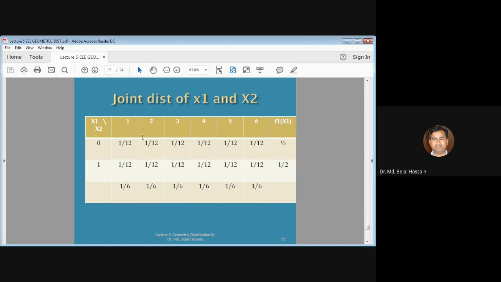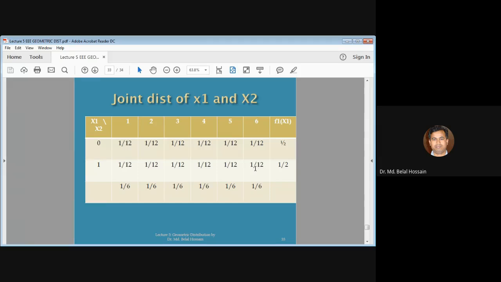Okay, similarly this probability tells you that you got a tail in the coin tossing experiment and you got the 2 from the die throwing experiment. Similarly here you got a 6 in your die and you got a 0, that means tail in your coin. And here 1/12 means that you got a 6 in your die but you got 1 head in your coin, and so on.